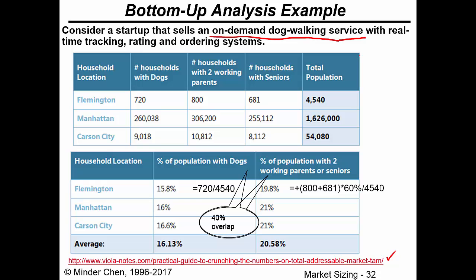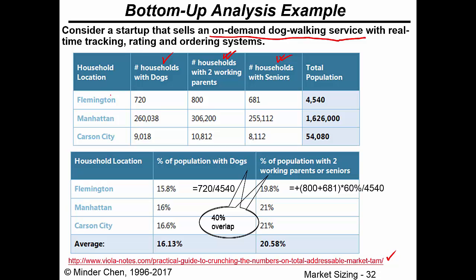You're going to target households with dogs, households with 2 working parents, and households with seniors. These are households with a dog that also have 2 working parents who are really busy, or seniors who may not be capable of walking their dog, but for the health of their dog do want someone to help them walk it.